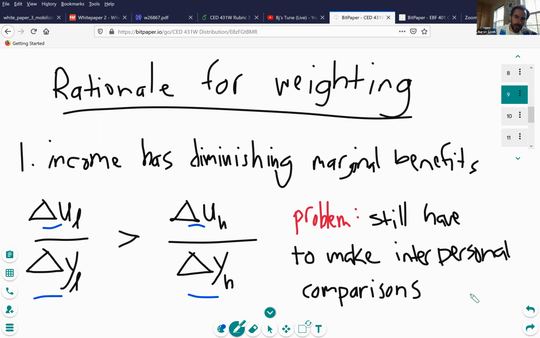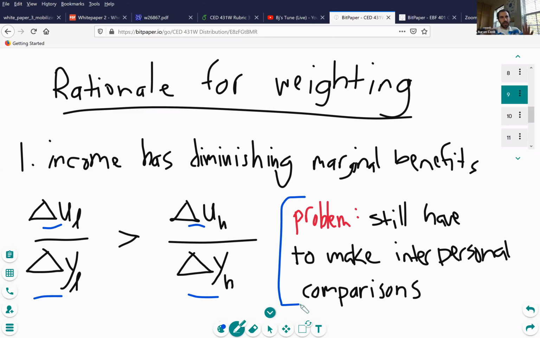This still requires, as I mentioned last week, making some kind of interpersonal comparisons. We can observe just internally for ourselves, and also if we survey people, there's generally a consensus among individuals that the extra benefits they get from more income are really valuable to them at low levels of income, but then as they get richer, they feel those benefits a little bit less at the margin.